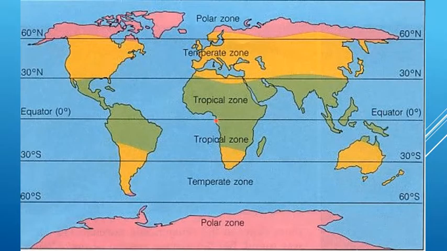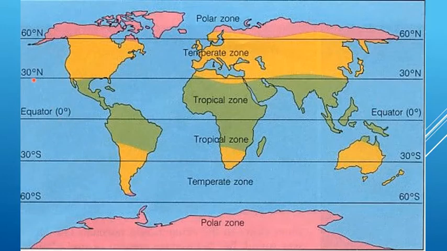Here we have a map of world climatic regions. On this map we can clearly see that a line having a zero value is called the equator. In the next slide we will define the equator properly.